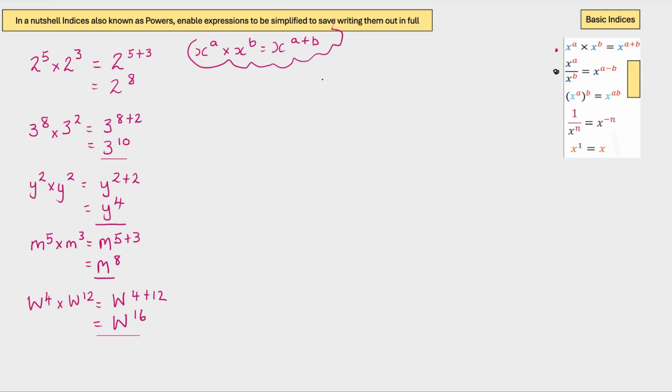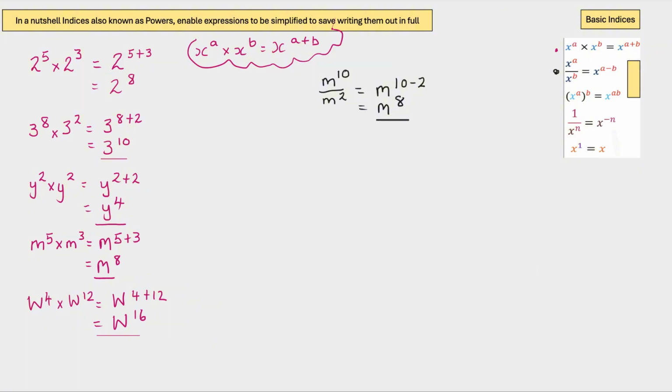So let's do m to the power of 10 divided by m to the power of 2. Okay, now our rule says when we divide our indices, our powers, you subtract them. So here, following the rules, it's going to be m, 10 minus 2, which gives us m to the power of 8.